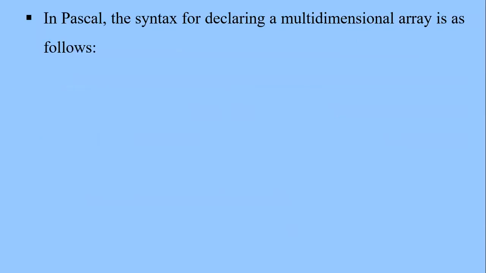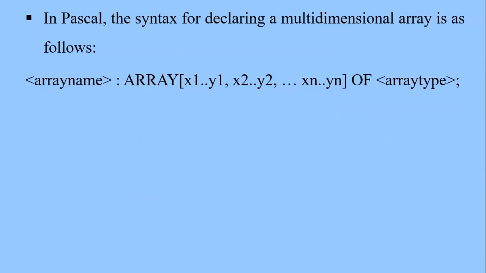In Pascal, the syntax for declaring a multidimensional array is as follows. Array name, then array, then in square brackets, we indicate the subscripts for each dimension, where we have x1 to y1, comma, x2 to y2, comma, all the way to xn to yn of array type.